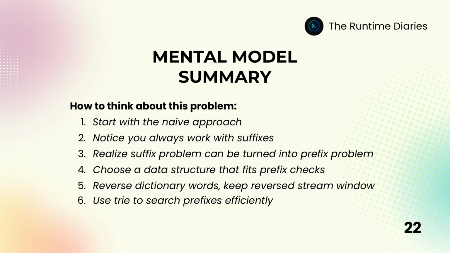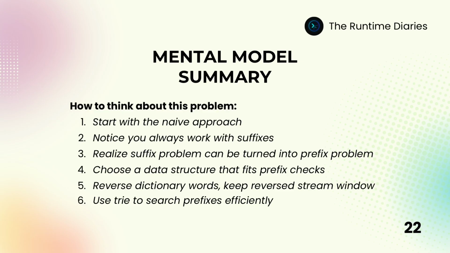Step 3, ask if that shape can be transformed. Suffixes are hard. Prefixes are easy. Can we reverse the problem? Step 4, choose the matching data structure. Once we transformed suffixes into prefixes, tries became the obvious choice. Step 5, build the optimized version on top of the transformation.